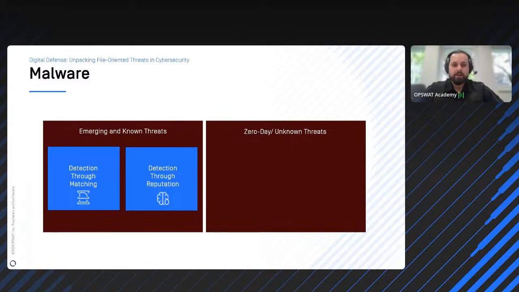So, by providing reputation mechanisms, that we at OPSWAT have our own reputation engines to apply to these services, we can have a tandem of very fast and very effective static analysis processes.